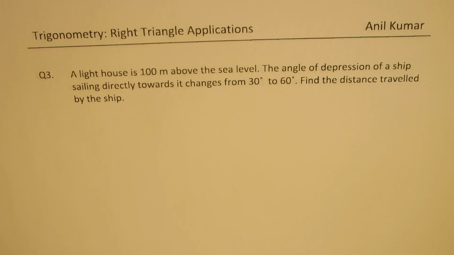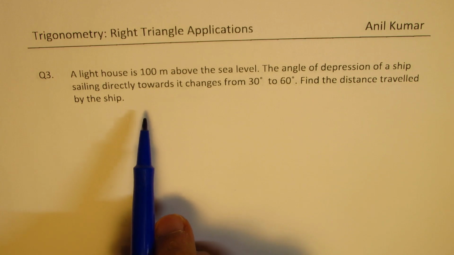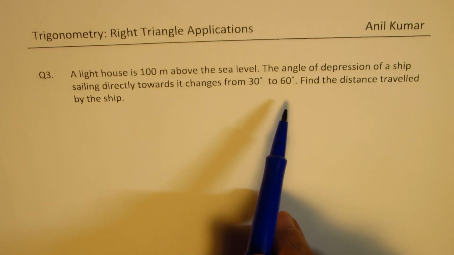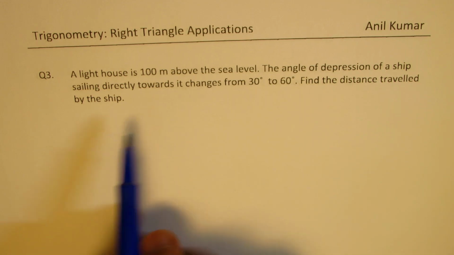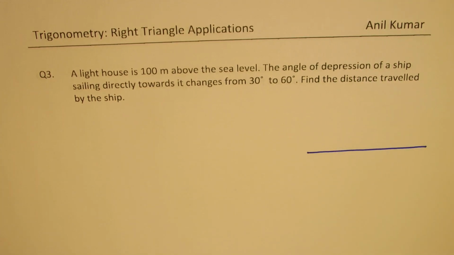Question number 2. A lighthouse is 50 meters above the sea level. The angle of depression of a ship sailing towards it changes from 30 degrees to 60 degrees. Find the distance traveled by the ship. Okay, so let's say this is the sea level.